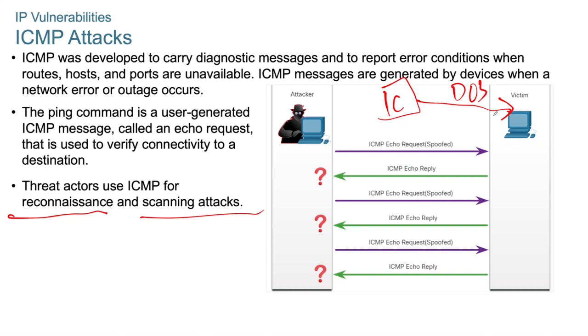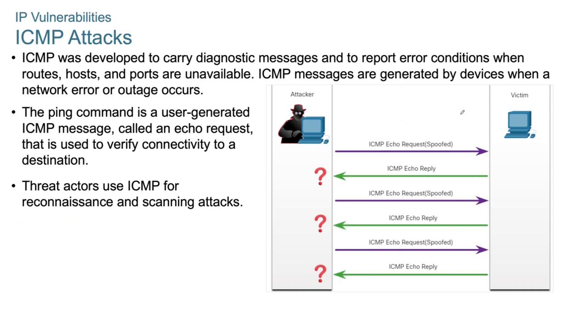So this we call the ICMP attacker, making the user busy. In this ICMP, the echo request and echo replies are used to perform host verification and denial of service attacks, whereas ICMP sometimes gives unreachable. This is used to perform network reconnaissance and scanning attacks.